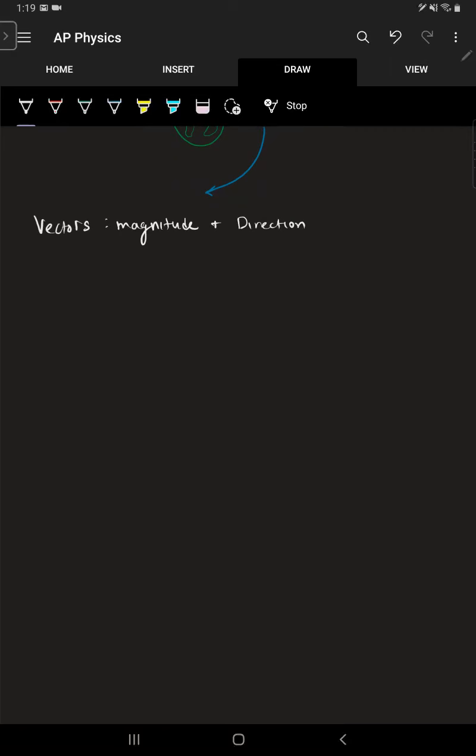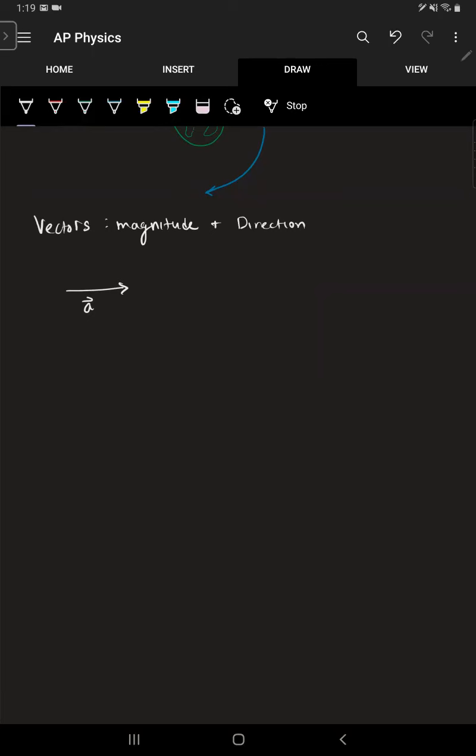Typically, you express a vector with an arrow, right? If it's an acceleration vector, then it is saying that there is an acceleration towards the right direction, right? If we have a velocity vector, it tells you something is moving towards the right.